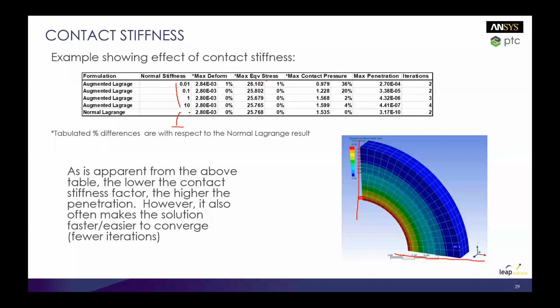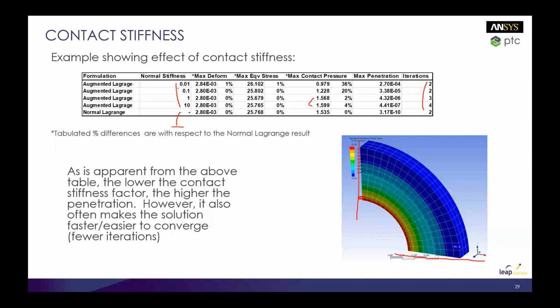But if we look at the contact pressure, you can see that it's 0.979, then it jumps up, and then it jumps up again. Between 1 and 10, there's not much change. But if we look at the iterations, you can see that's changing. It's getting harder to solve with the higher contact stiffness. Also, the maximum penetration is coming down as we increase the normal stiffness.